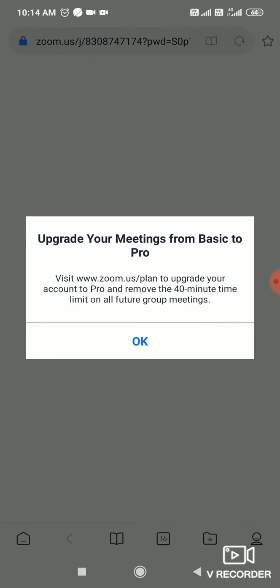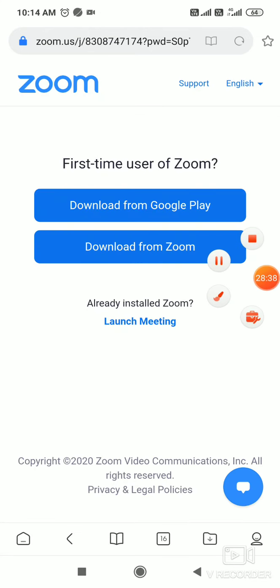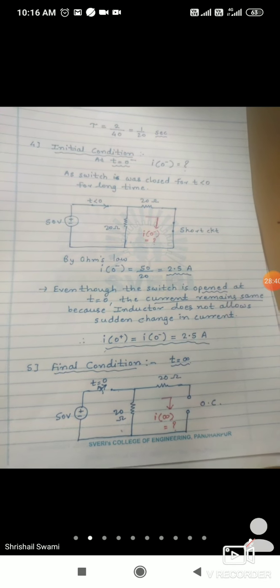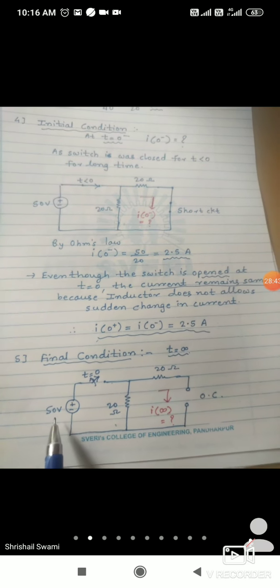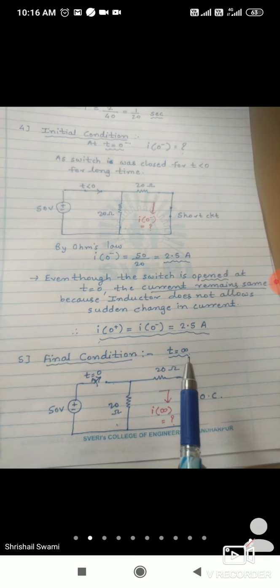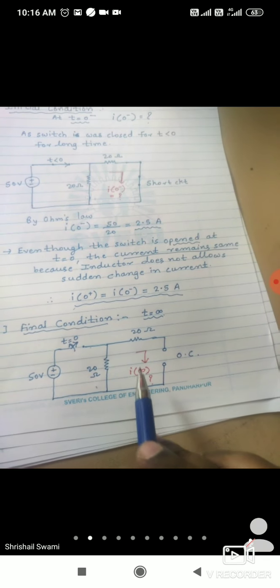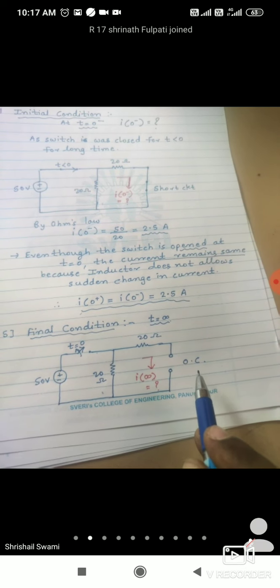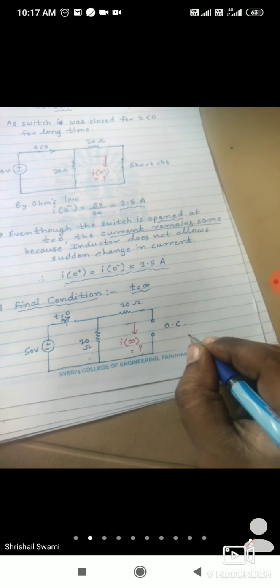So the value of current in this circuit is 0, due to the inductor becoming an open circuit. Therefore I of infinite is equal to 0 ampere.